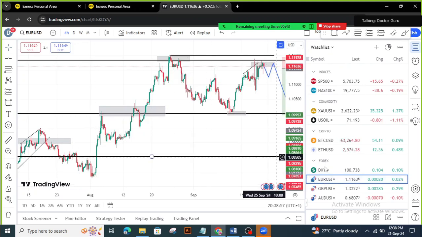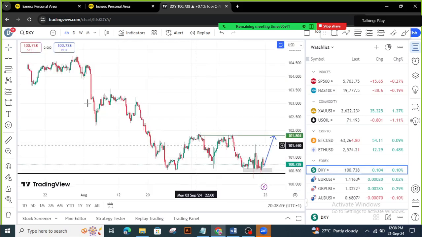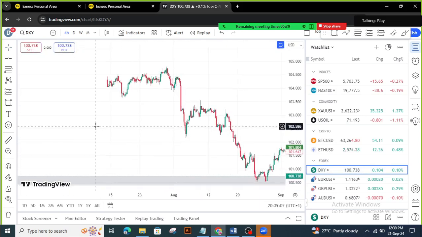Sorry, you say what other pairs? You mentioned every other pair. If DXY is coming down, it shows that the dollar is weak. And if it is buying up, it shows that the dollar is strong.